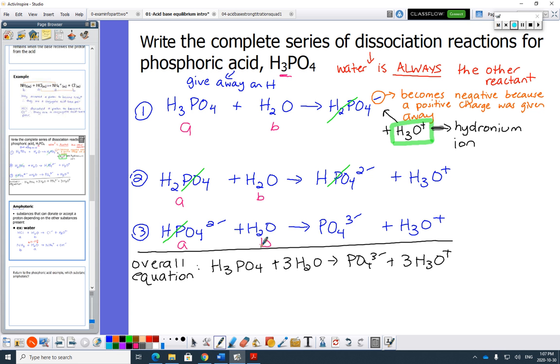However, if you think of reversibility, if we go this way, what is this substance doing? H2PO4 negative is becoming H3PO4. Did it gain a proton? Yes, it did. So this is a base. Here it's a base, but down here it dissociated and donated.